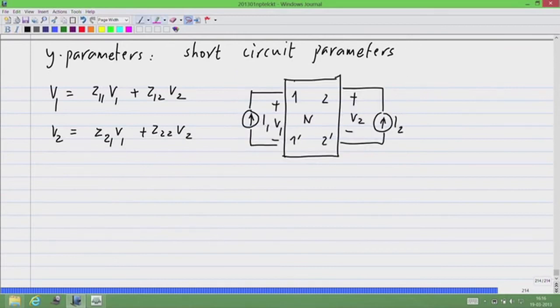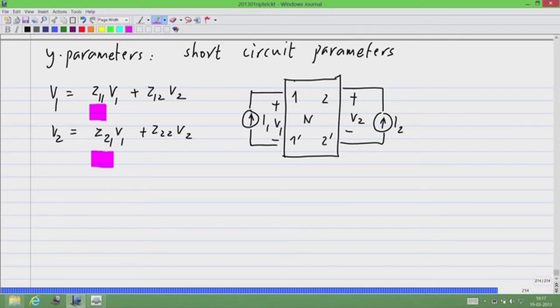So let's say I want to measure Z11 and Z21. Okay. Please let me know what you will do. Let's say you were given this two port in the lab and you were asked to measure it in any way. Please let me know what you will do to measure Z11 and Z21.